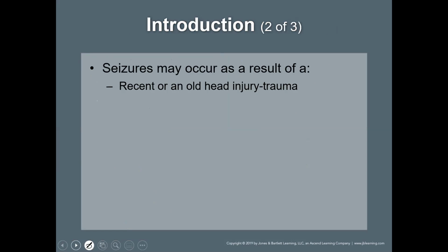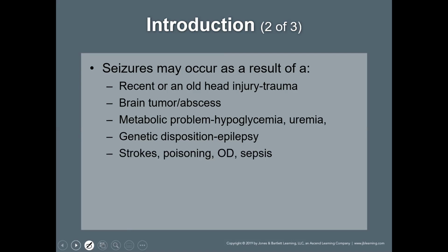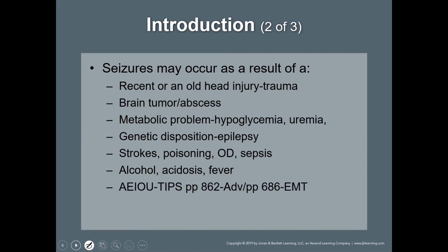Seizures can be from trauma, so an old head injury or recent head injury, brain tumors, abscesses, metabolic problems like hypoglycemia and uremia, genetic disposition like epilepsy, strokes, poisonings, overdoses of medications, drugs, poison chemicals, sepsis, alcohol, acidosis, fever. And if you recall, as advanced, we talked about AEIOU tips in the basic class.